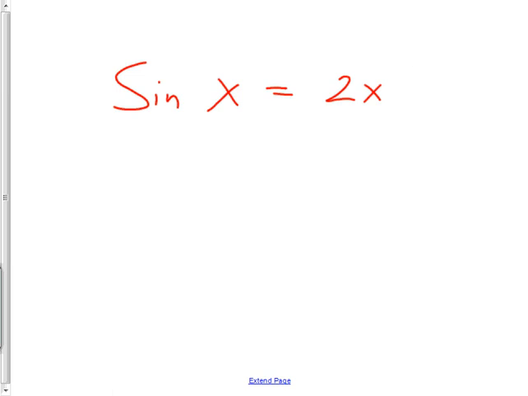Sine of x is equal to 2x. I don't even know what the answer to that is. But I know that I'm going to graph both sides and see where they cross, and then I'll be able to get the answer that way.